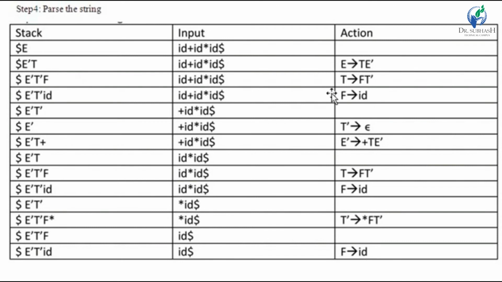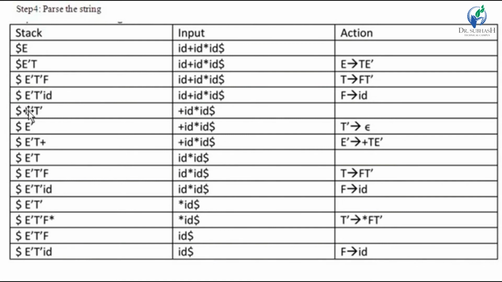Next, T gives FT dash. So T is replaced by FT dash. The remaining stack is as it is. Now F gives ID. So F is replaced by ID. Here ID and ID are matched, so in the next step you do not write this ID.